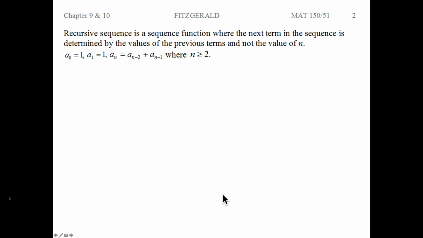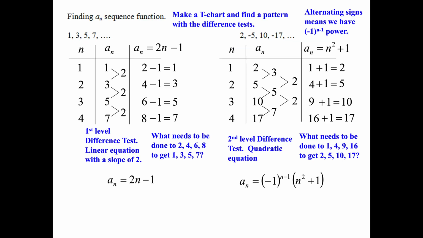Next sequence we're going to define is the recursive sequence. This sequence is a pain in the butt, because here, in contrast to here, if I wanted to go to this first sequence over here and find the 10th term, I just have to put a 10 in for n. Okay, 10 times 2 is 20 minus 1. It would be 19.